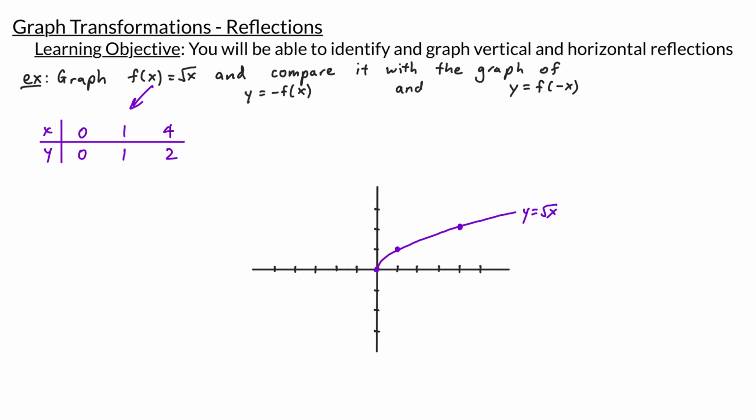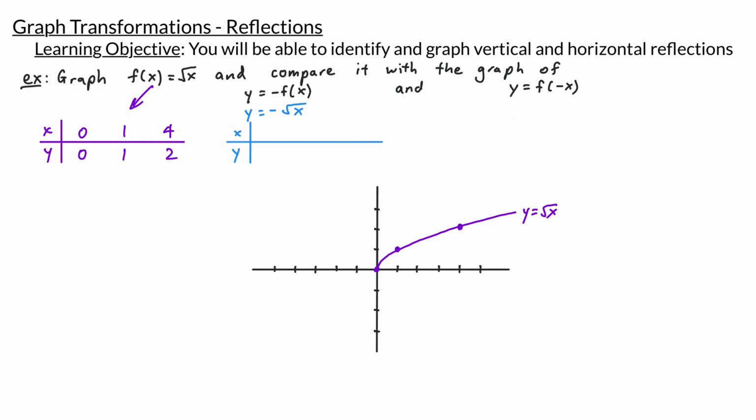So now let's take a look at the equation y equals negative f of x. We consider this as a type of scaling because we're essentially multiplying our function by -1. So with our function f of x being square root of x, this is the equation y equals negative square root of x. Let's make a table of values for this equation.